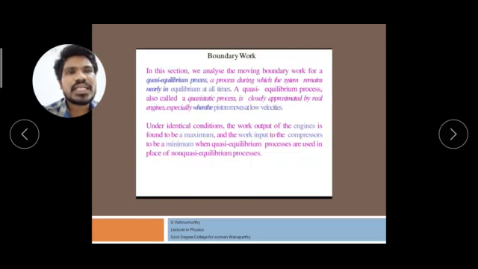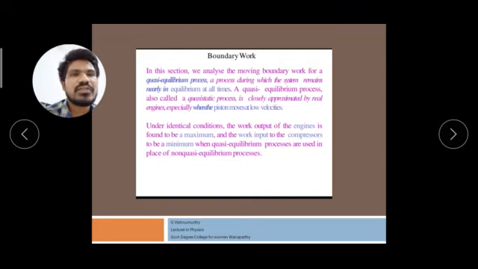In this section we analyze the moving boundary work of a quasi-equilibrium process, a process during which the system remains nearly in equilibrium at all times, known as a quasi-static process.